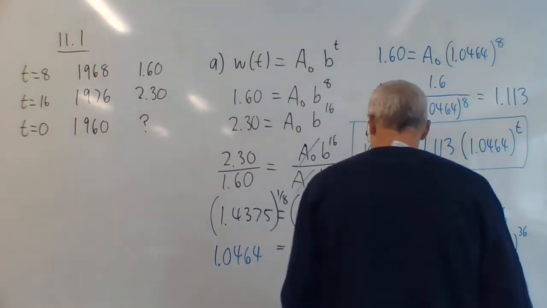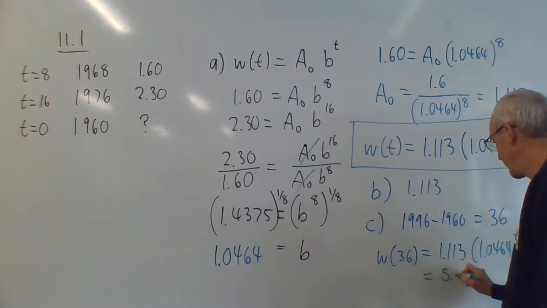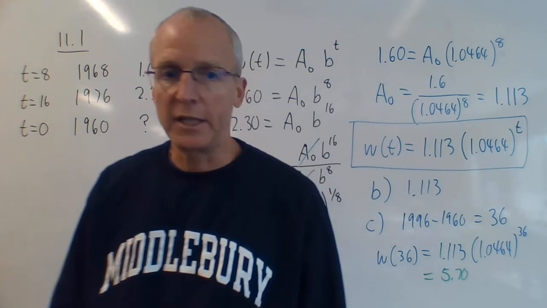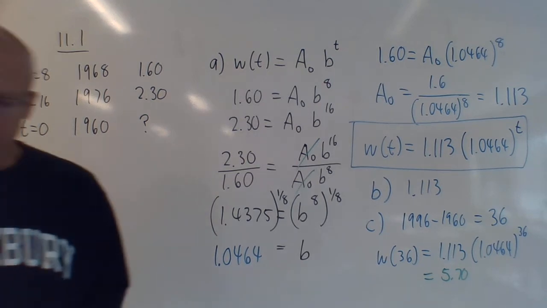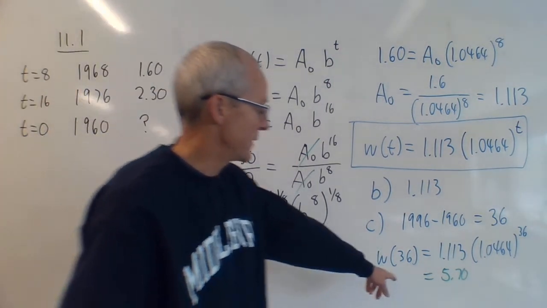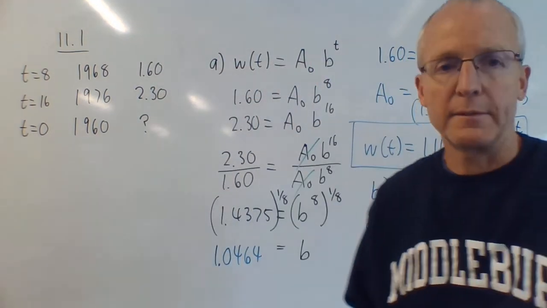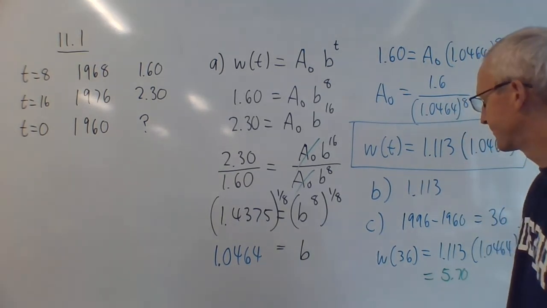So this model says in 1996 that you would be getting $5.70 an hour for the minimum wage. And it really was, they say, and I think this is real numbers, they said it was really 5.15. So obviously our model is a little bit too big. We get a little bit too much. So this model is not perfect, at least not for that.